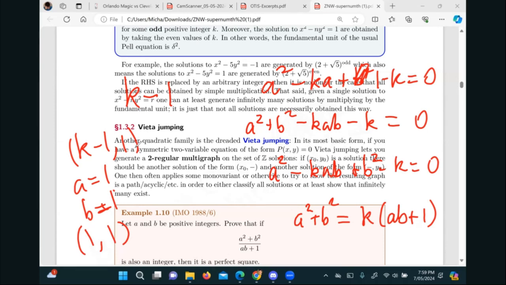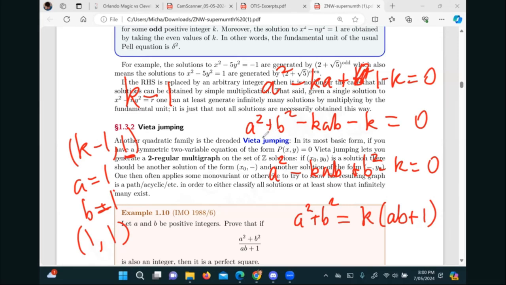So I think what you can do next is you want the quadratic equation back. You want to change the 1 now, so you want the b to be back, and you want the a to be k minus 1.